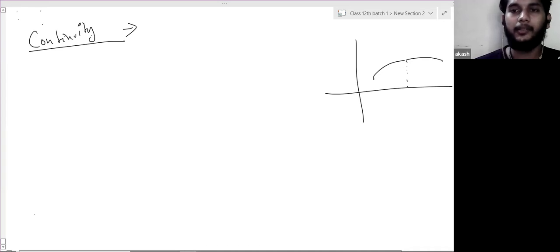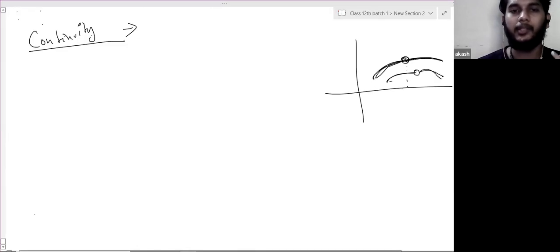If you can trace the whole graph without lifting your pencil or pen, then the graph is continuous. As simple as that. In official terms, if there are breaking points, like an open circle here, then this is discontinuous, right? To draw this graph, you have to lift your pencil.